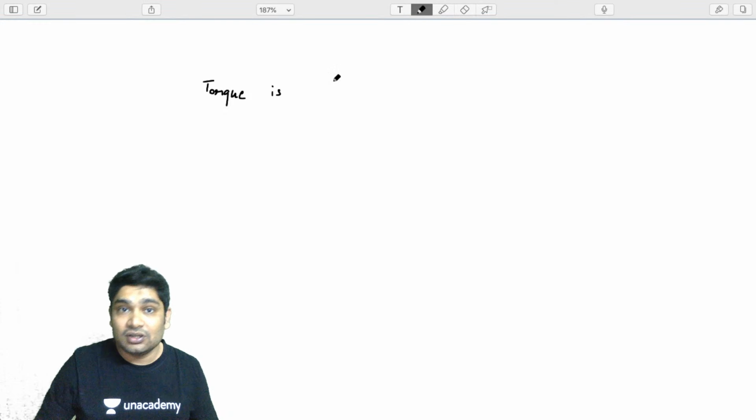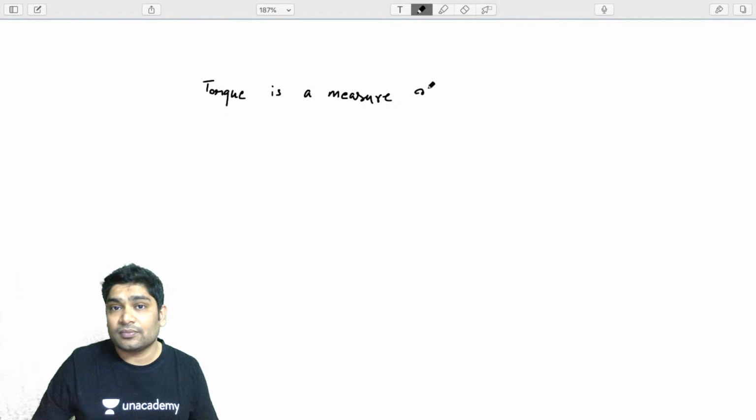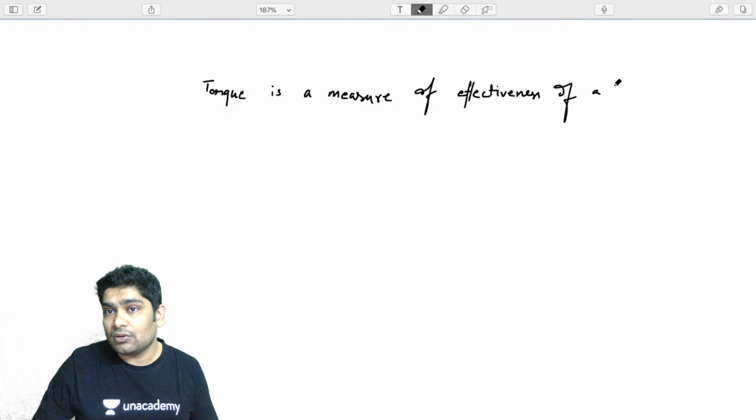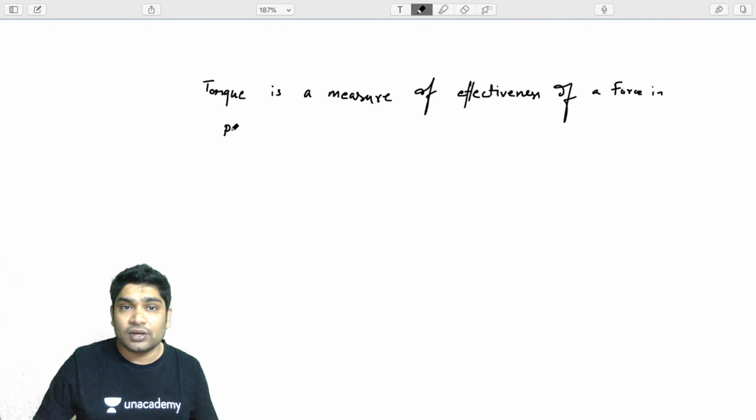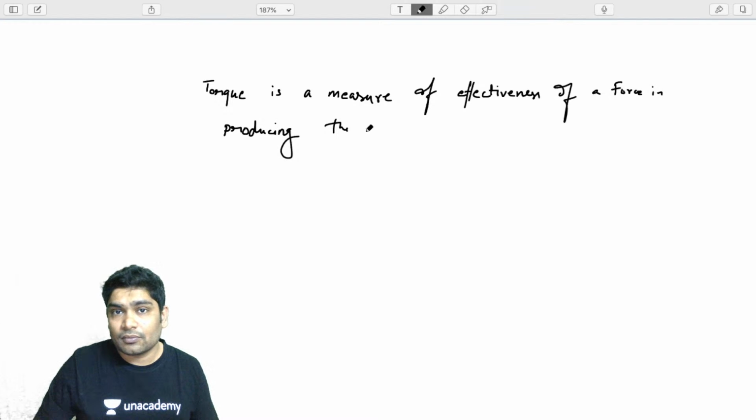I will show you examples. So we can say that torque is a measure of effectiveness of a force in producing the change in rotational motion of an object or a body.